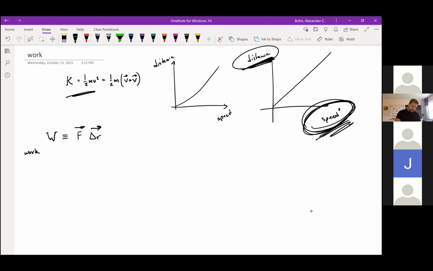So within this definition, there's a dot product, which is good because we need some kind of product here to multiply these two vectors. Why did we need to define the dot product in the first place? For this.